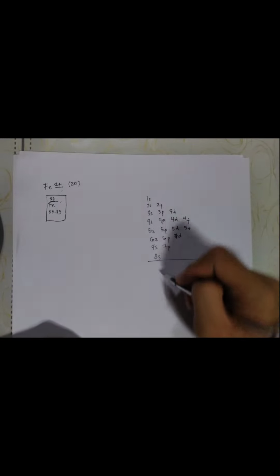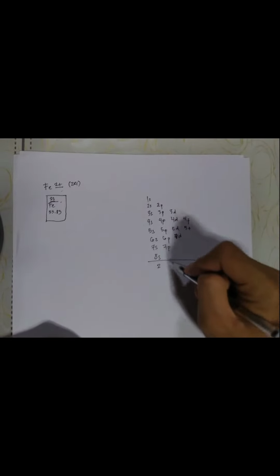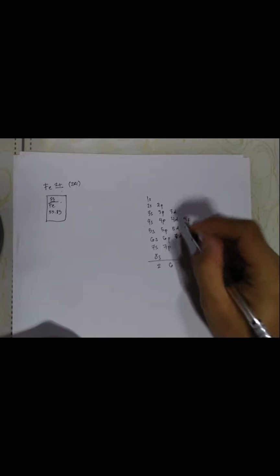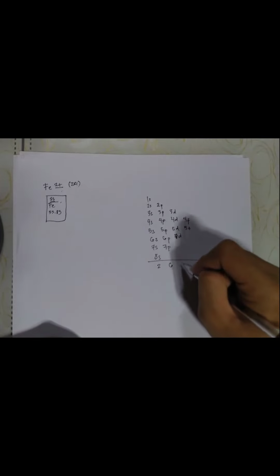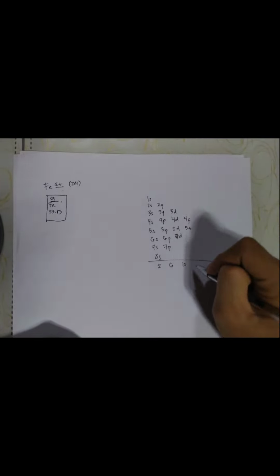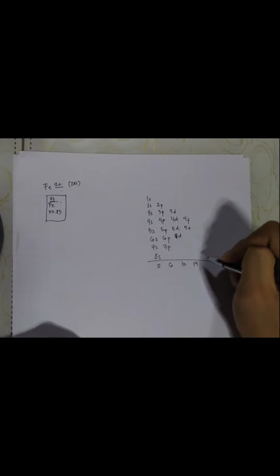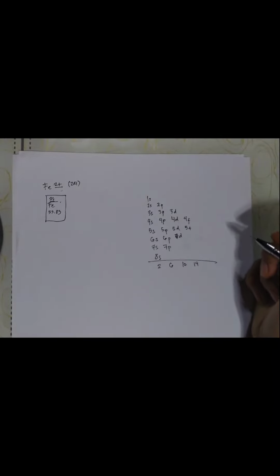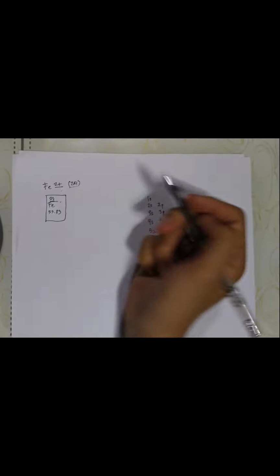As I've said earlier, s can hold 2 electrons, p can hold 6 electrons, d can hold 10, and f can hold 14 electrons.